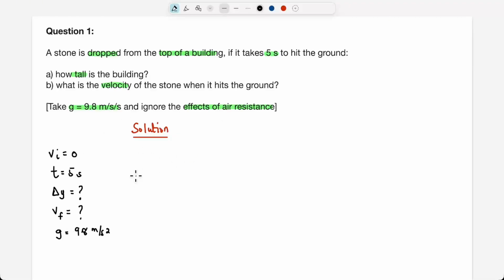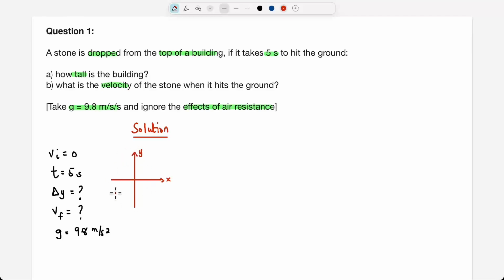Alright, so the next thing we can do is to establish a coordinate system. Since we do have a one-dimensional motion, we are going to use the XY coordinate system. We have the vertical axis, which is our y-axis, and the horizontal axis, which is the x-axis.